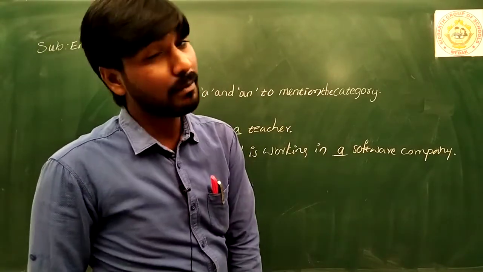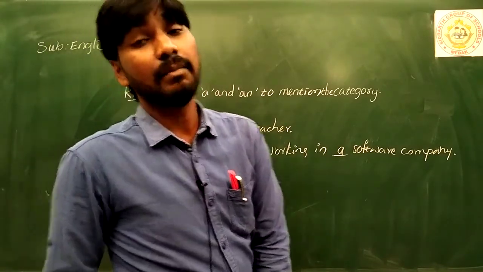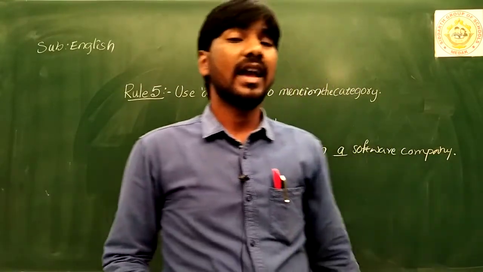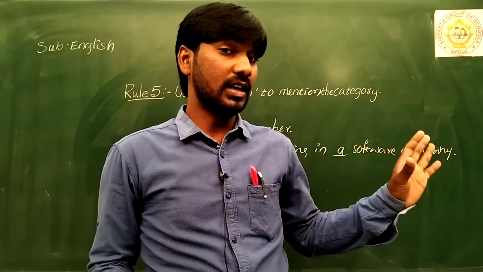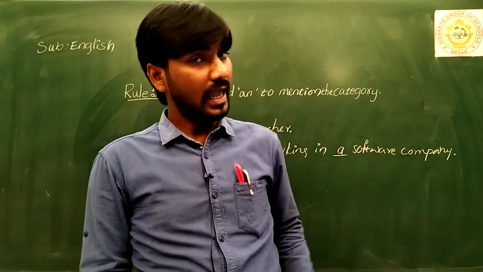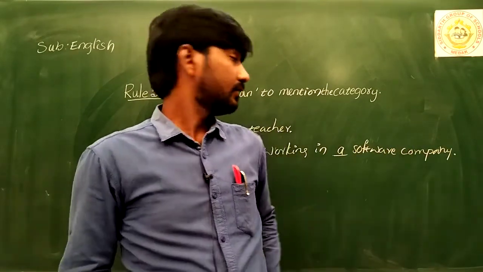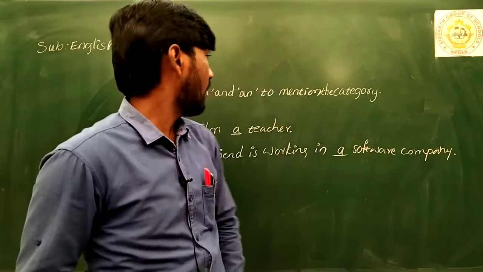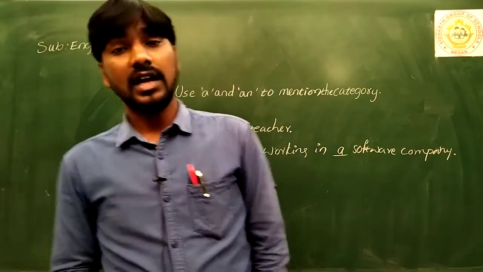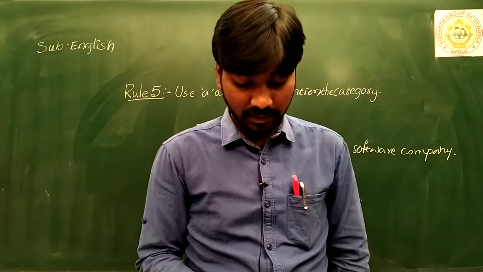I did not mention any company name, I just said a company, a software company. So it is a category, not a particular one, just non-specific. At that time we have to use rule number 5. We have to mention a category.